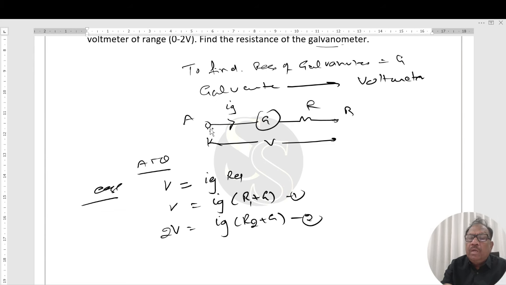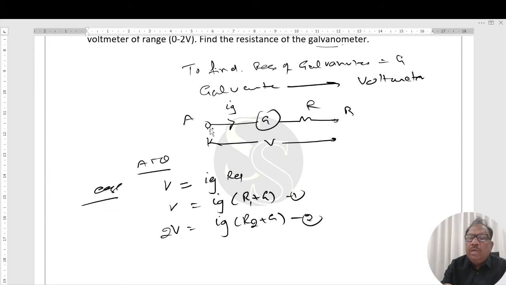Ideally, it should be infinite. Now, voltage across AB will be equal to IG into R equivalent, and R equivalent is G plus R. There are two cases. In case 1, the range is 0 to V, and when 0 to 2V, this will be 2V. Now, these are the two equations available.